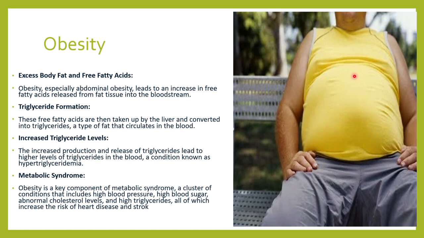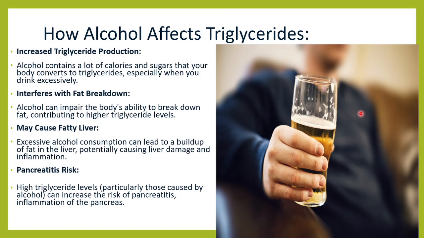Your TG will increase. Obesity is also an important component of metabolic syndrome, which is a cluster of conditions like high BP, high sugar, abnormal cholesterol, high TG, etc., which will increase your risk of heart disease as well as stroke.